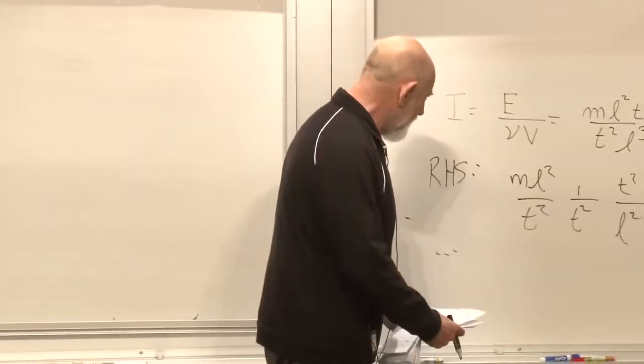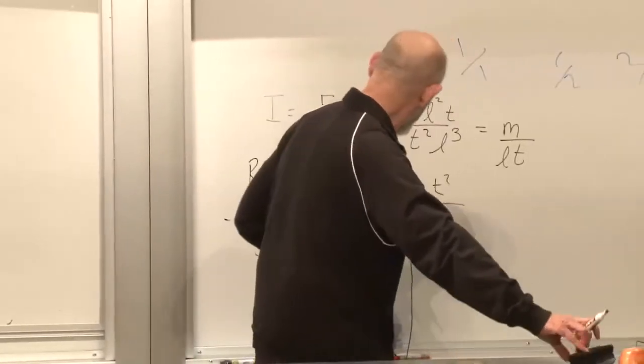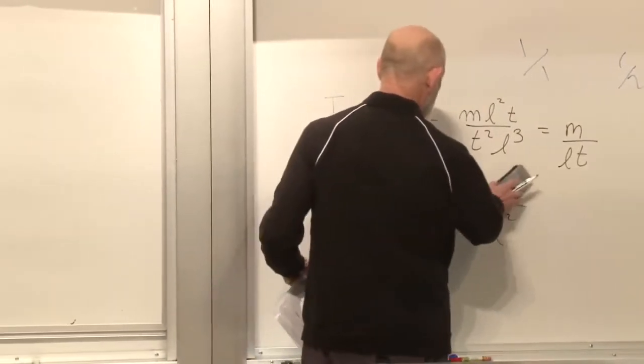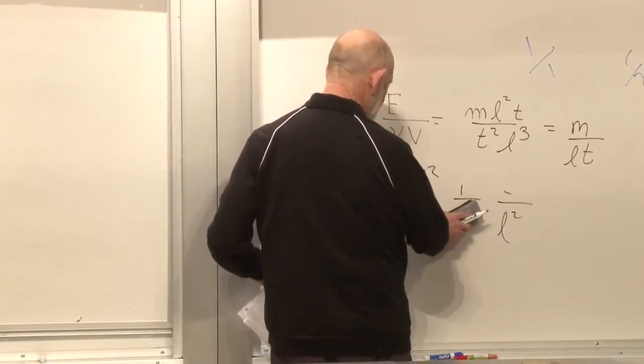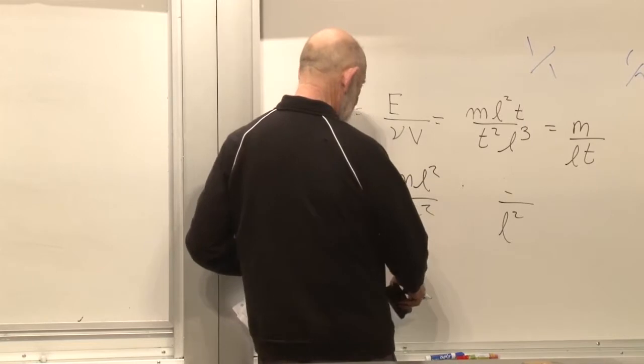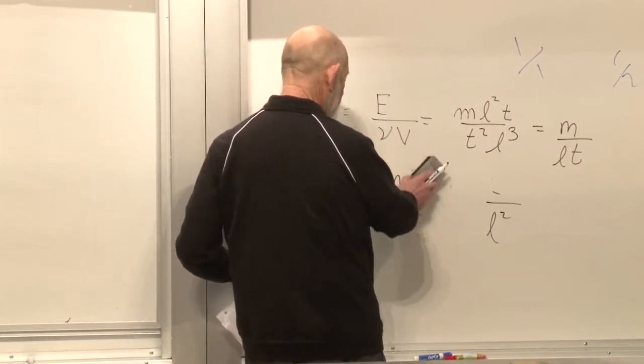What's going on? How much are we off by? Yeah, it looks like we're off by a factor of c. L squared cancels.